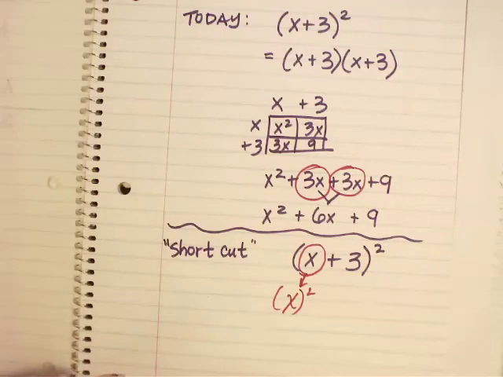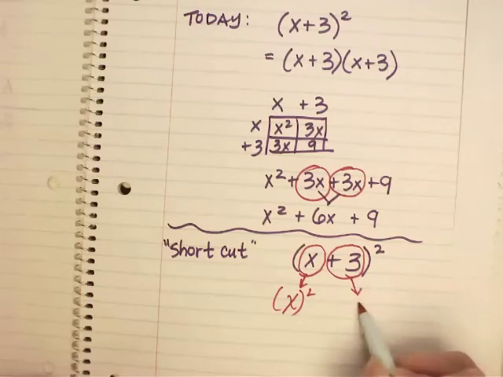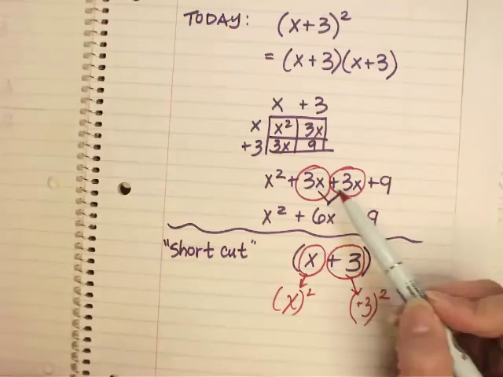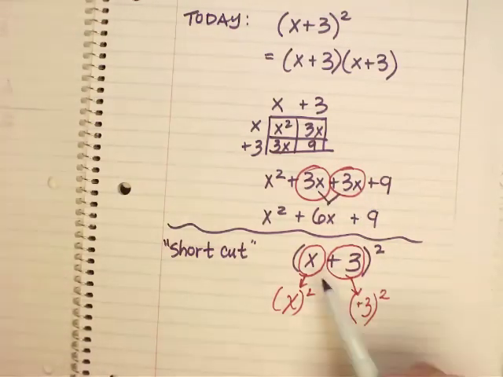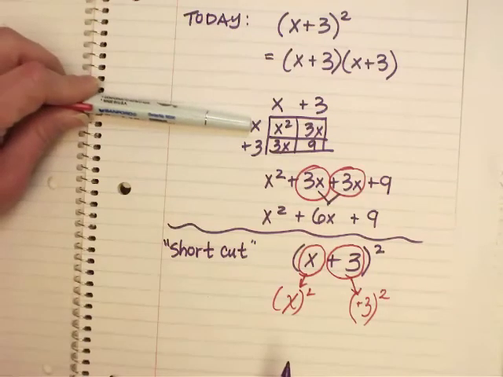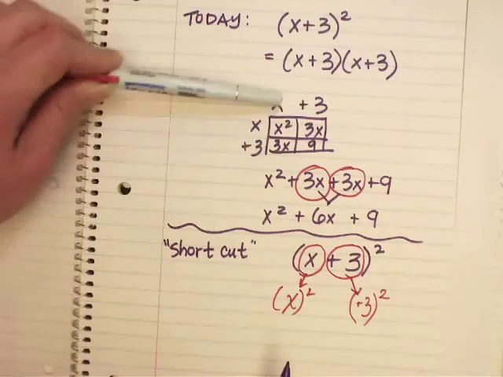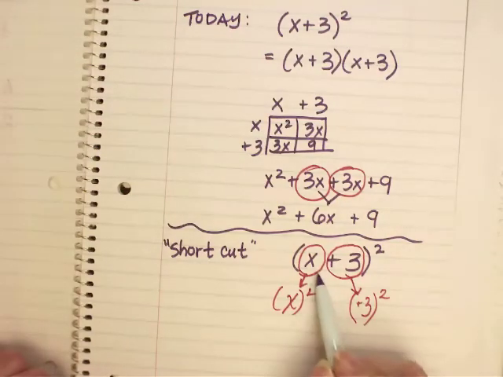Then I'm going to take my last portion, the positive 3, and square that. Now, how do I get this 3x in the middle? Well, it is just the x times 3, and we can see that from our boxes above. X times 3 creates this 3x, and 3 times x creates this one. So in fact, we're multiplying our x and our 3.